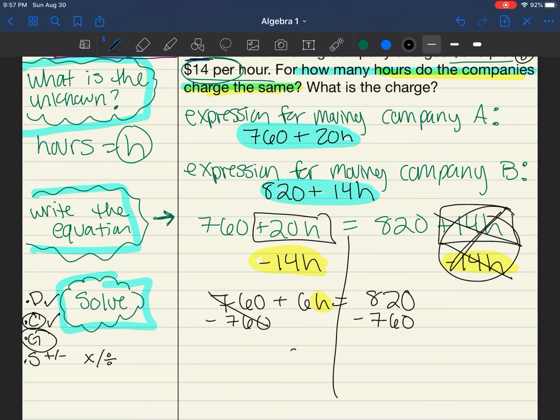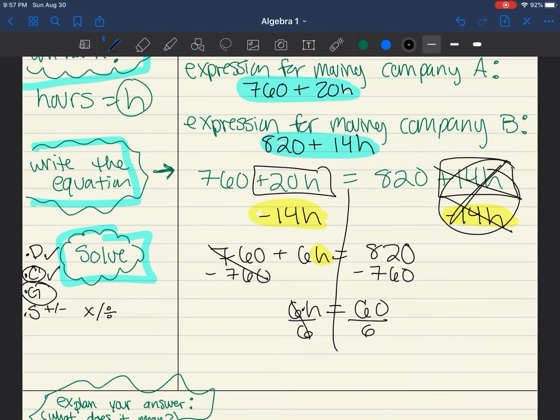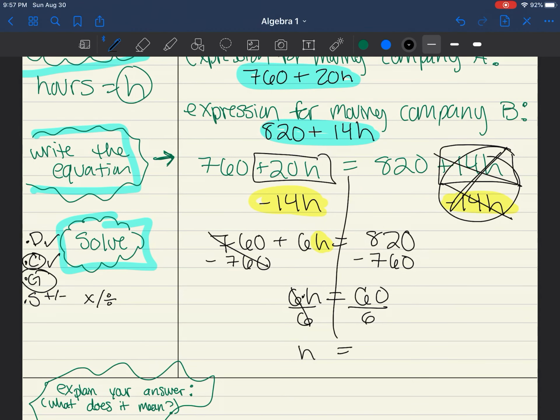And so now I've got 6H equals 820 minus 760. And that's going to give us 60. Then we're going to divide by 6 on both sides, because 6 times H, so I want to get rid of the multiplication, so I do the opposite, which is dividing. And I'm going to get H equals 10.